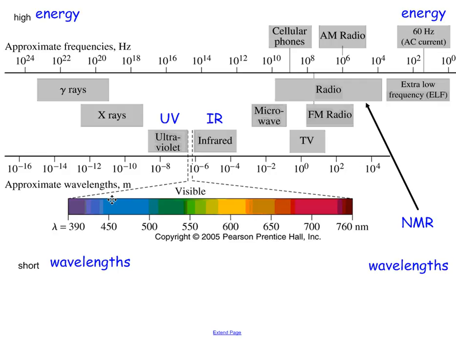We're going to focus on visible. You need to know that ultraviolet is higher energy than visible and that visible is higher energy than infrared. You should also know Roy G. Biv, and that violet is close to ultraviolet and infrared is close to red. So if we have low energy, we have long wavelengths. So long wavelengths would be something like the radio waves that are used for NMR.